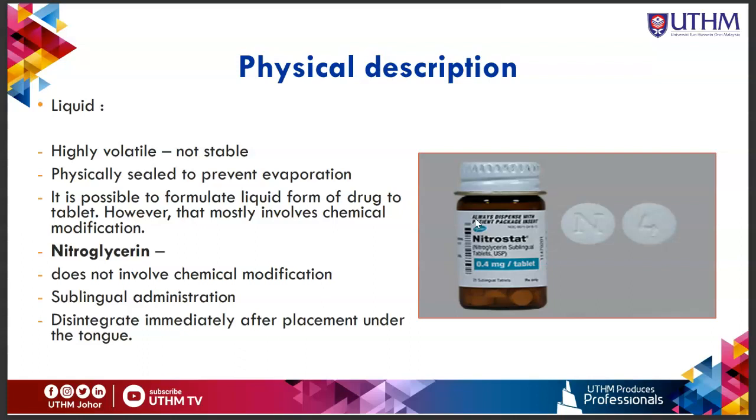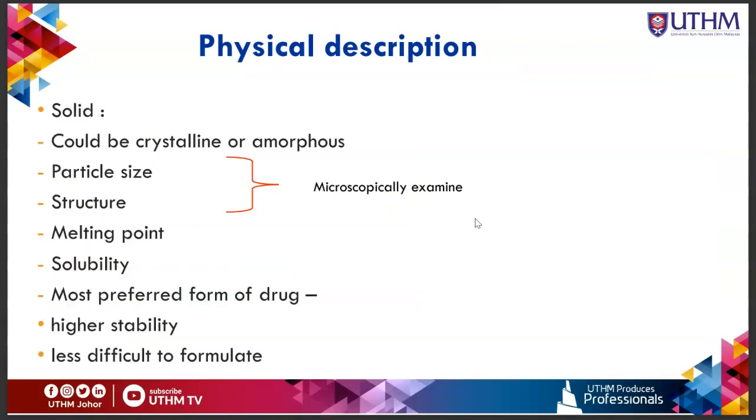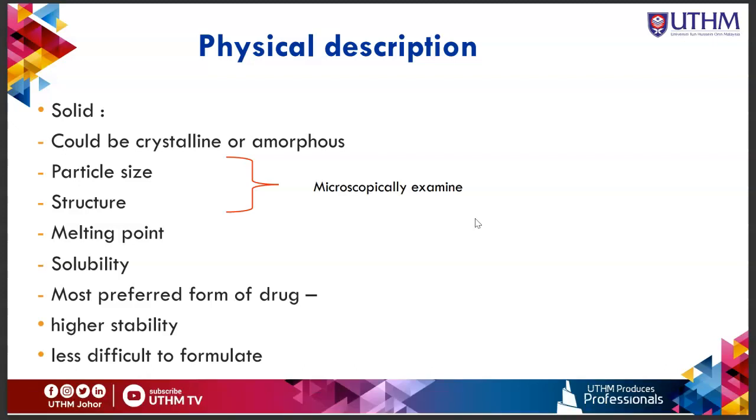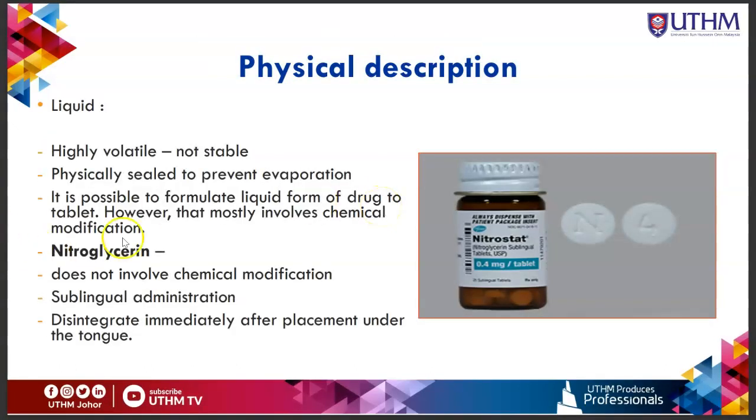Usually, because we know that the most stable form is the solid, because it is less difficult to formulate. So if you have a liquid here, you know that it is not quite stable. If possible, you want to convert it into a tablet with some modification, for example, by the addition of nitroglycerin.